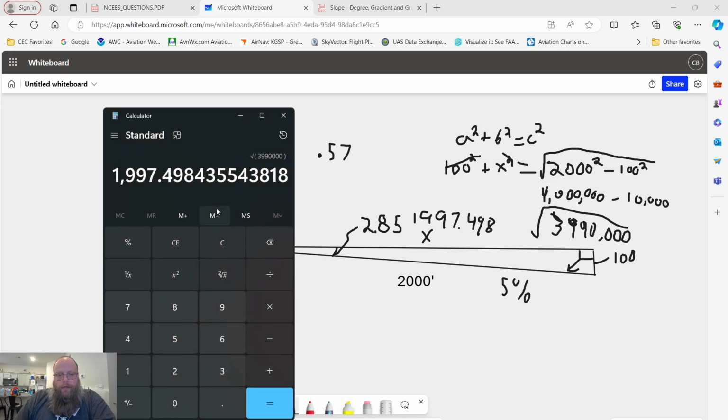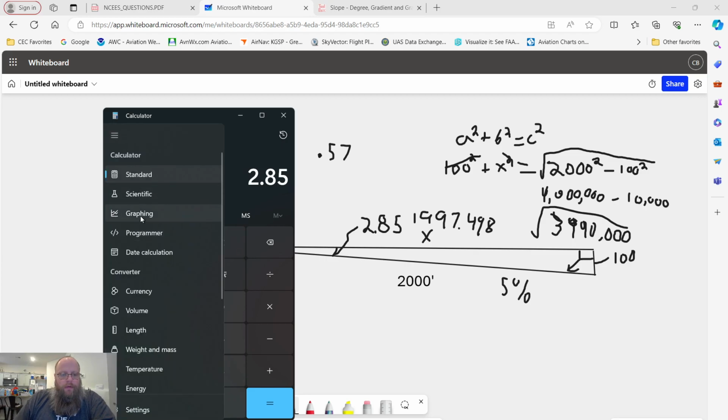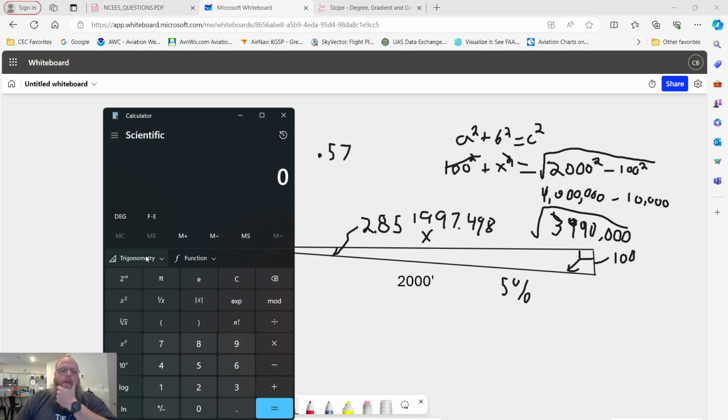Let's pull this up, and we got the cosine of 2.85. Let's change my calculator to degrees. Okay, there we go. 2.85 trigonometric function cosine.